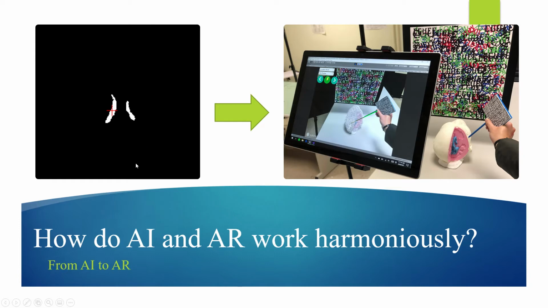We want AI, after training and deep learning, to learn where the target point is that we want, select it automatically, and then send the position of the target point to the AR part of our system, which is more of the front end of this system, with several auxiliary functions that can assist surgeons to conduct the EVD surgery.